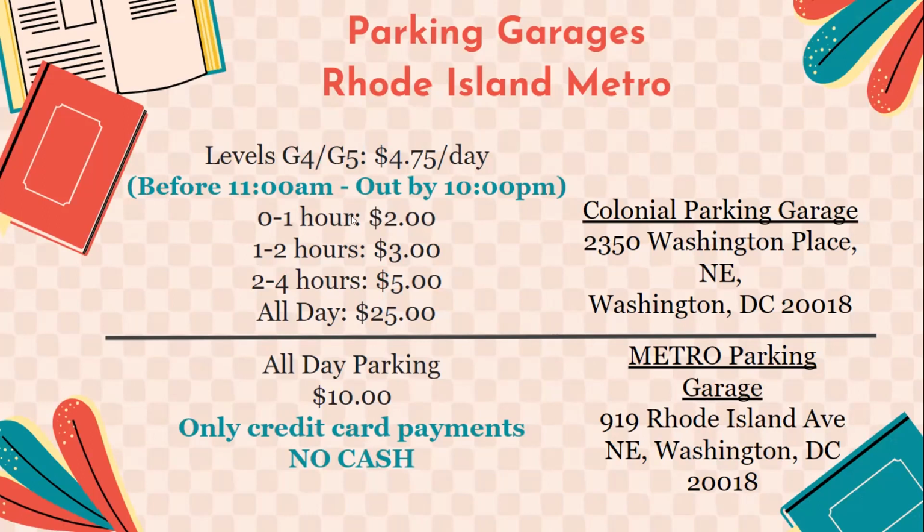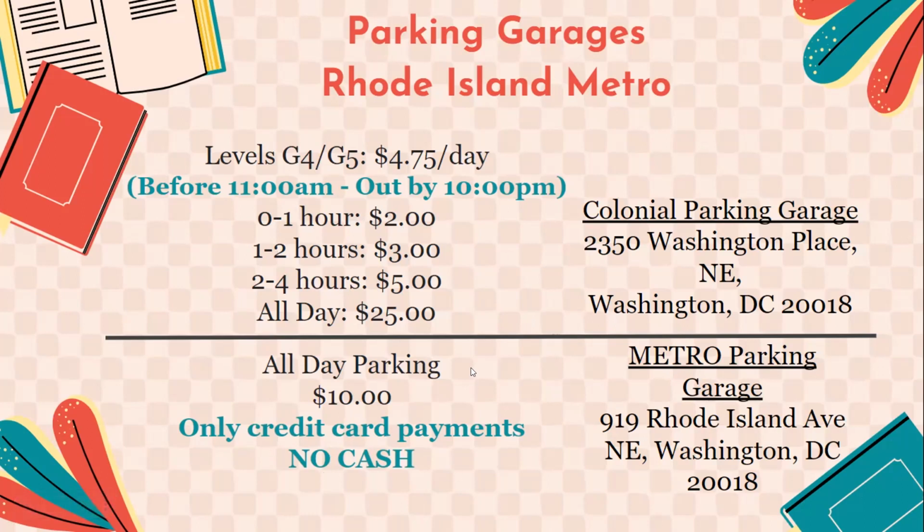So they have the Colonial Parking Garage. That's $4.75 a day, or for an hour, $2, for 2 hours, $3, for up to 4 hours, $5. And then they have the Metro Parking Garage. All day parking is $10.